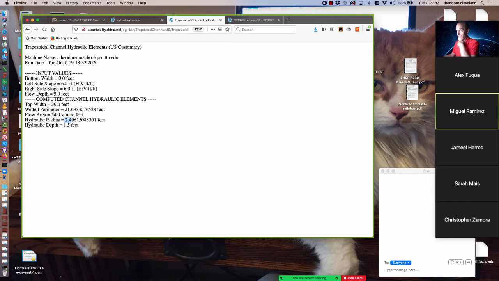So to carry 3 feet of water in a triangular channel that has 6-to-1 side slope, we have to use 36 feet of right-of-way. To do the same thing in a trapezoidal channel that has some bottom width, we can use less right-of-way. So that's why the trapezoidal channel is in common use in practice.